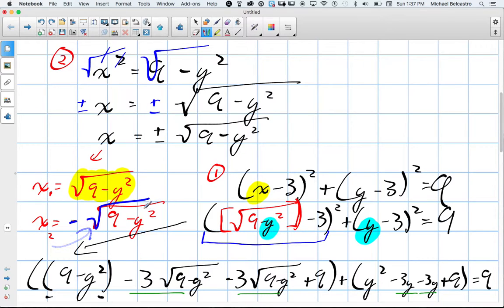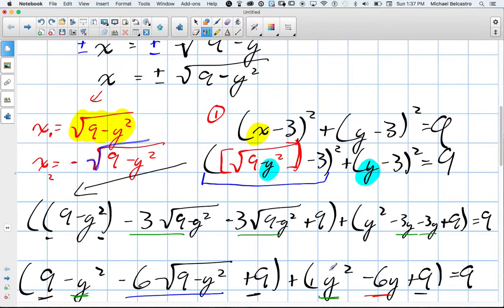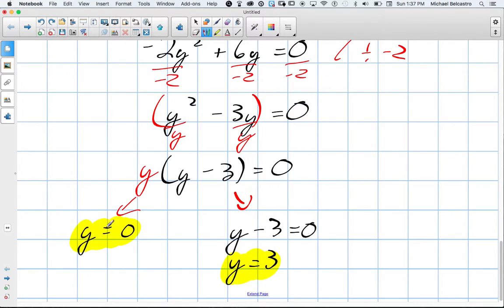I'm going to do that off camera and just show you the end result. It's the exact same process, but with this here. I'm going to tell you what you're going to get, and then we're going to substitute our final answers, which are way down at the bottom here: y is equal to 0 and y is equal to 3.